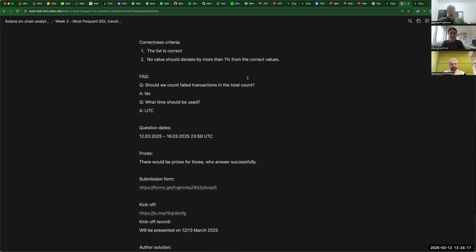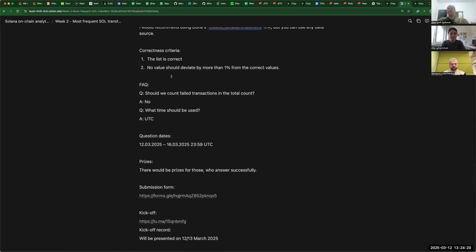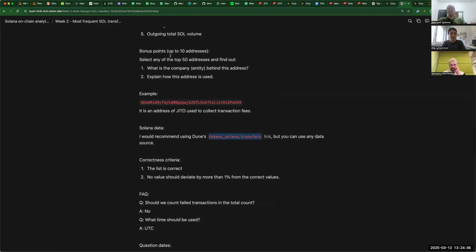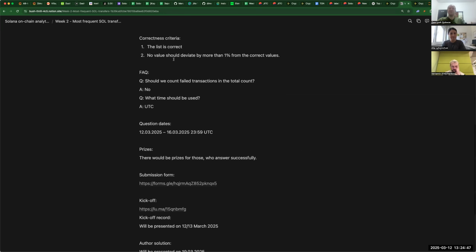Yeah, so it's the same way as the previous. Because we have different addresses, the result could be a list of different addresses. For the previous task, it was just 24 values for each hour of the previous day, and for this task we get 50 addresses with a few metrics like count of transactions and volume of transactions.